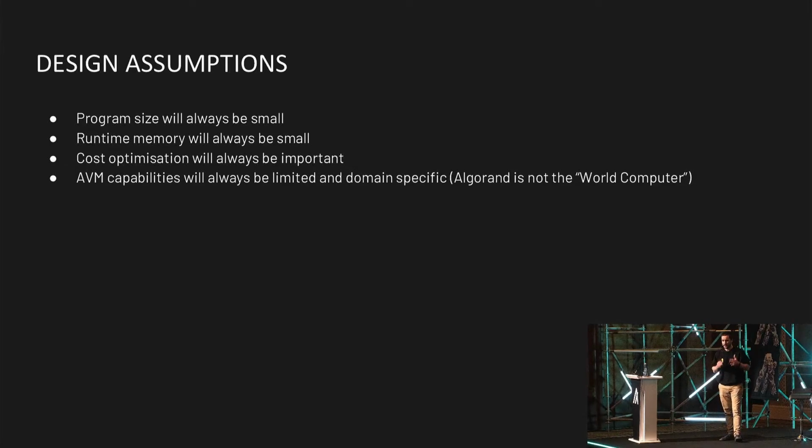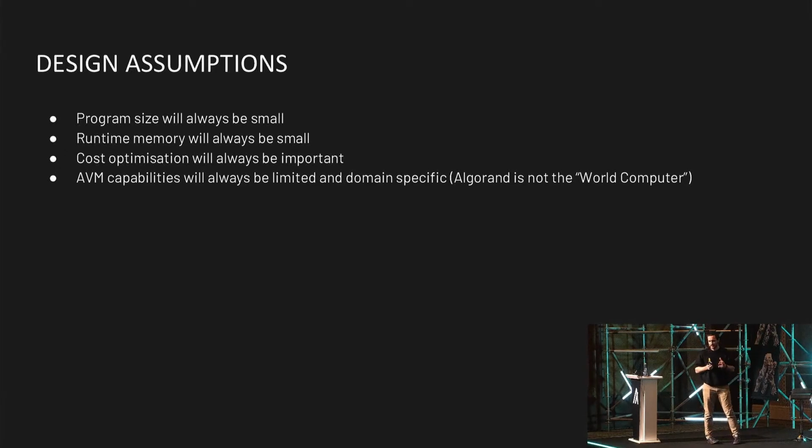And our assumptions are that program size for contracts will always be small. So the size of programs is not going to scale with Moore's law. There's totally different rules of scaling that apply on the blockchain where you have thousands of transactions that need to be executed in seconds.